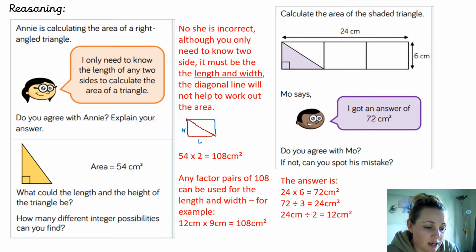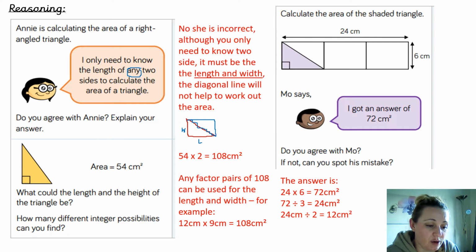This diagonal line here, we don't need it at all. We do not need that line in order to work out the area of the quadrilateral, and then we're just going to half it.